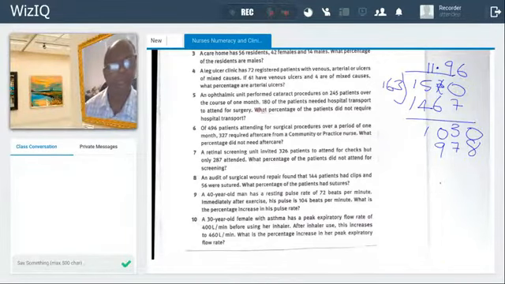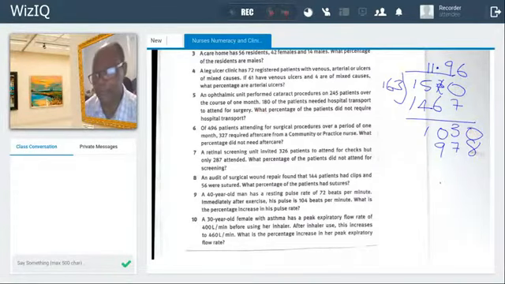Okay, so let's subtract those. So 0 take away 8 is not possible. So we're going to have to borrow 1 here. So we have 2 remainder. 10 take away 8 is 2.